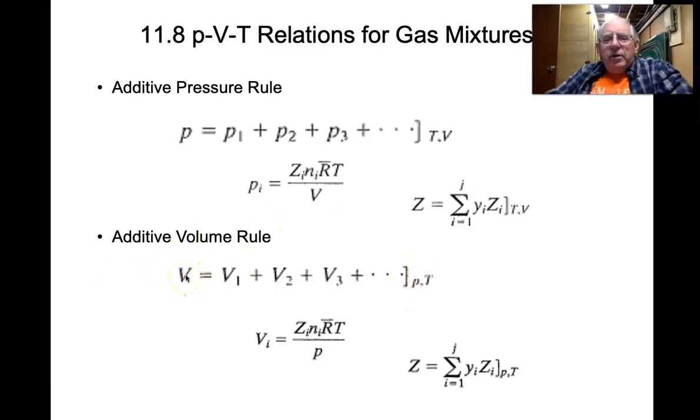In that case, the individual volume would correspond to a gas at the mixture pressure and the mixture temperature with the number of moles and its corresponding compressibility factor. And we would have again a similar expression for the overall compressibility factor for the mixture, if we were able to determine the compressibility factor for each of the components at the pressure and temperature of the final mixture.